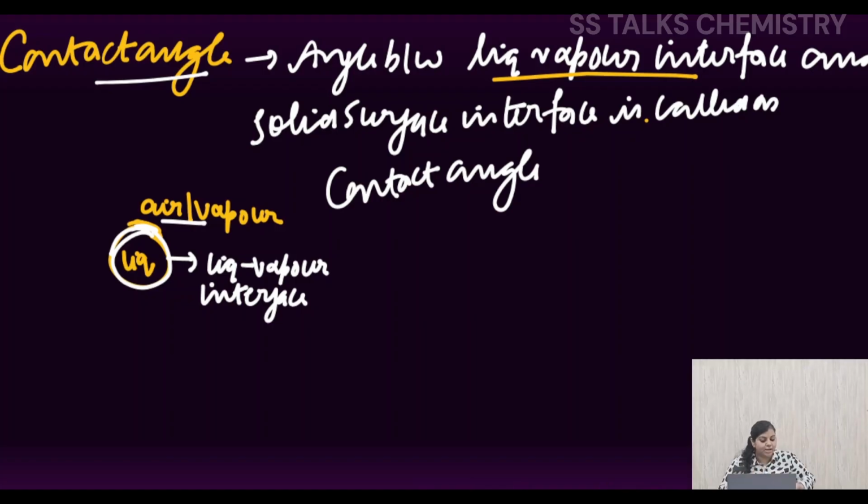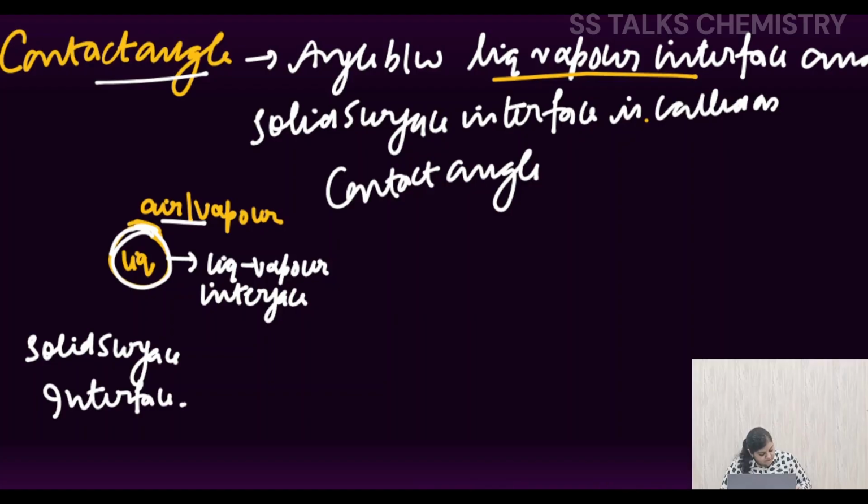The other is the solid substance I am taking, so the solid surface interface. This particular boundary of it is the interface. Now we have to talk about the point of contact.